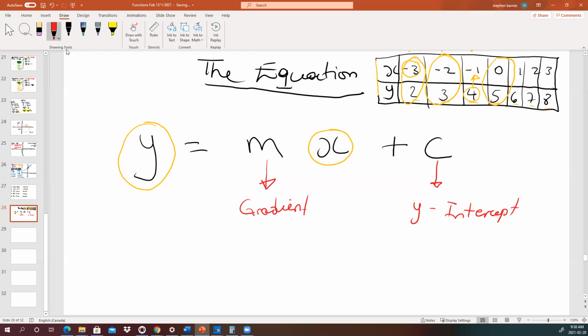For this function, I'm going to show you how you can get M, which is the gradient, and C, which is the y-intercept, without using the graph at all, just by having the function. Then I'm going to show you how to find it using the graph, right?